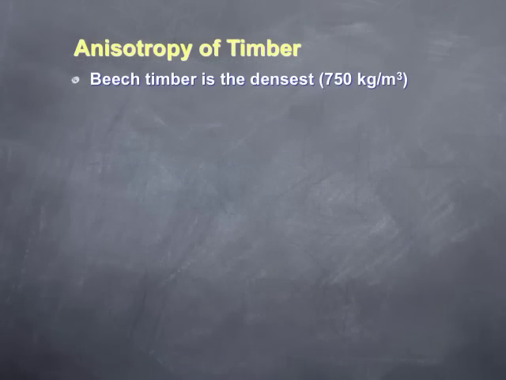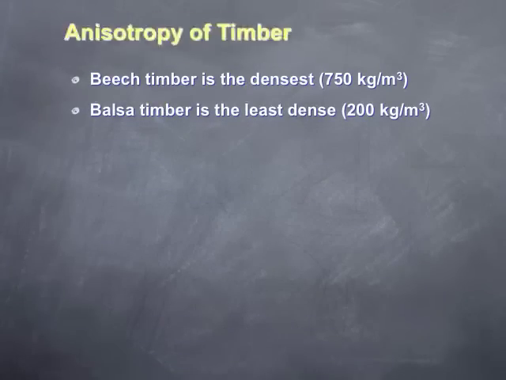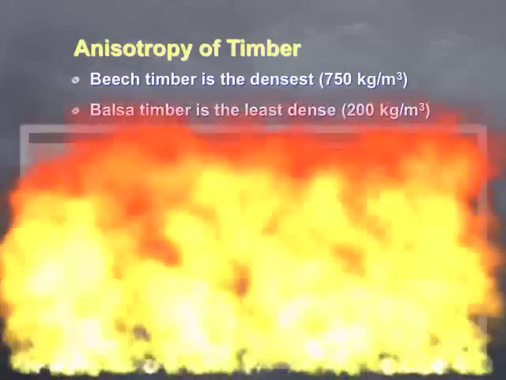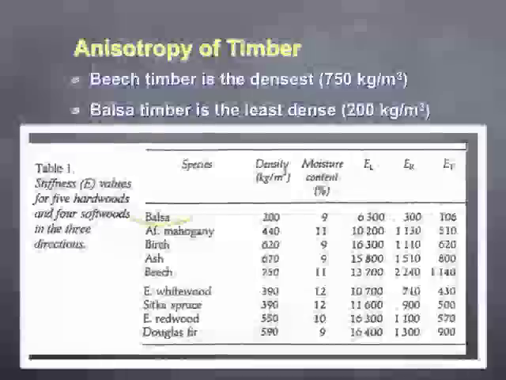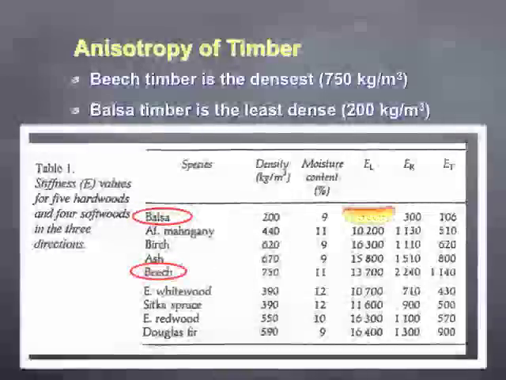A bit more about the anisotropy. Here we have a table of the properties of different types of timber. If we look at balsa and beech, we can see what the difference is in Young's modulus, just depending on how we cut the timber.